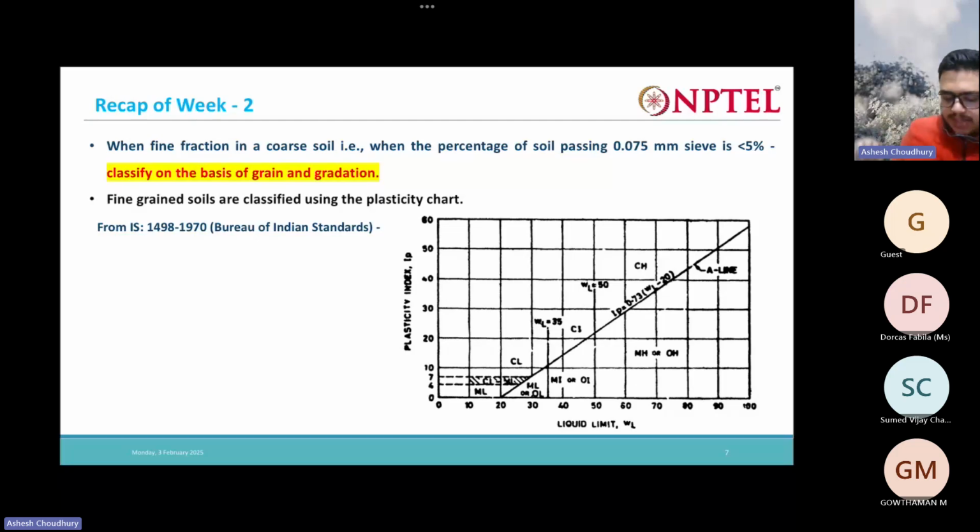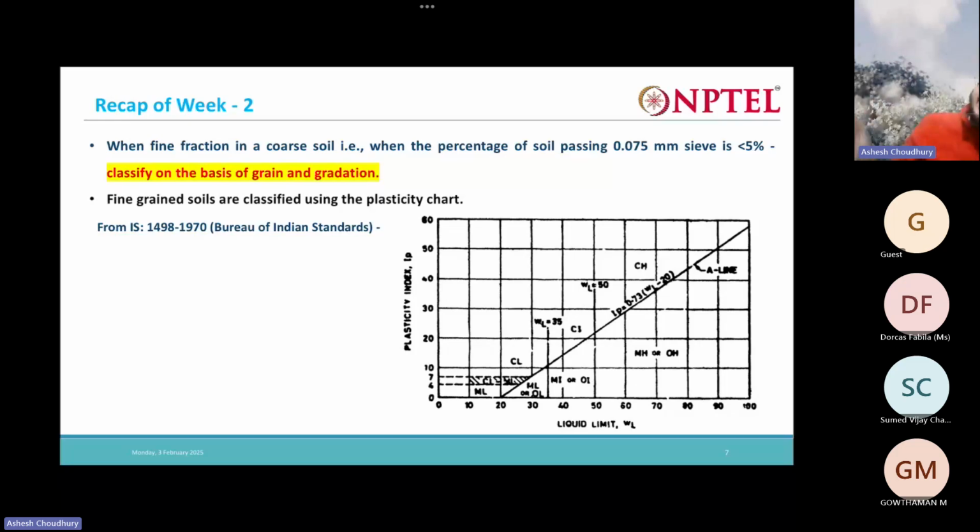Now see what is written here. When the fine fraction in a coarse soil, meaning the amount of soil that will be passing through the 75 micron sieve, is less than 5%, we are going to classify on the basis of gradation.